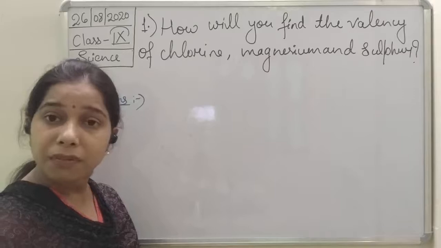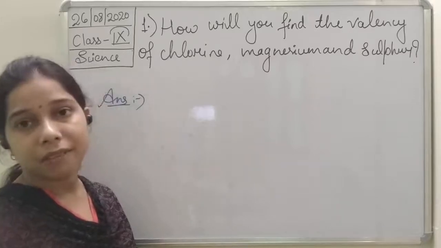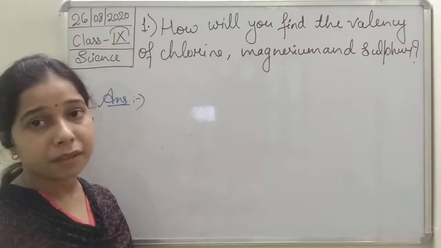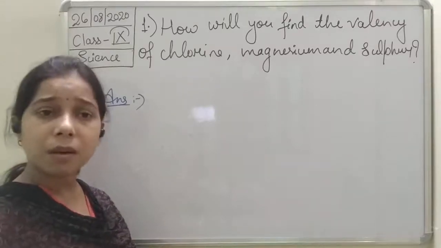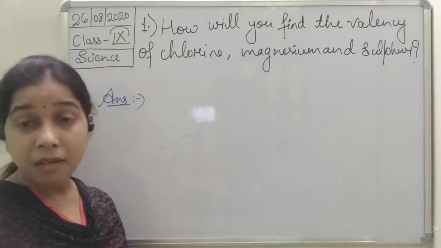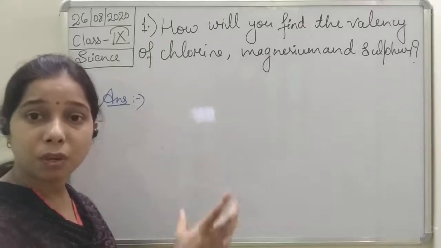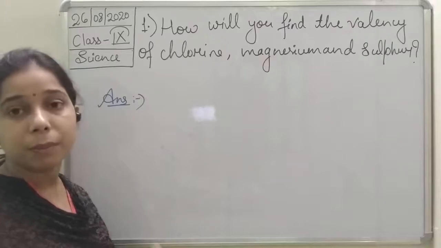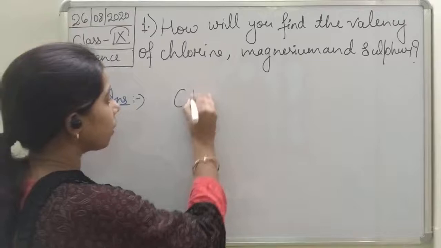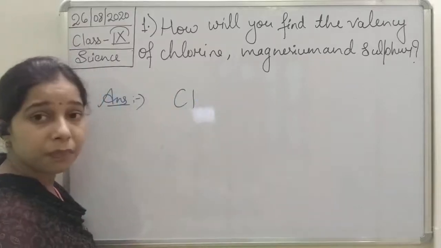With the help of the electronic configuration, we can find the valence electrons, and with the help of the valence electrons, we can find the valency. This is the step by which the valency can be found. But if you already know the valence electrons, then it is very easy to find the valency. So the first one is chlorine.